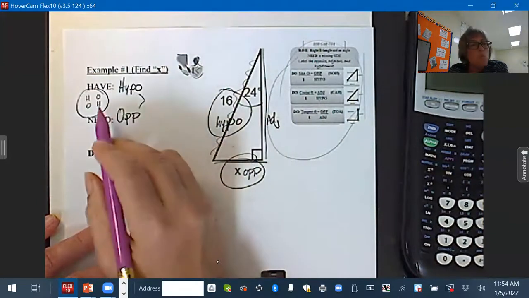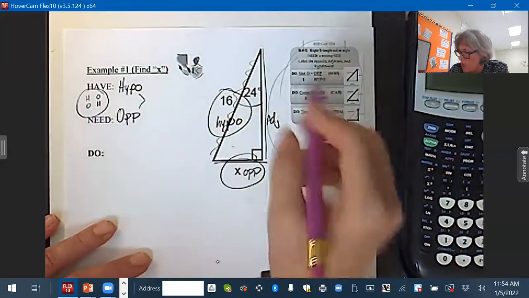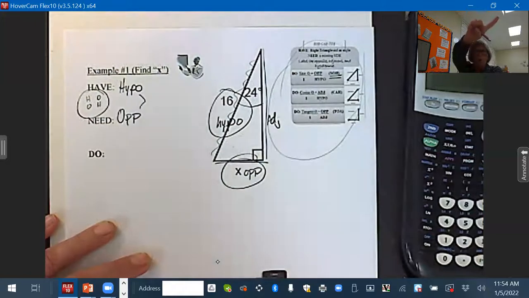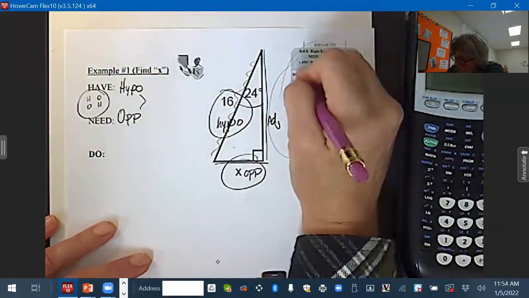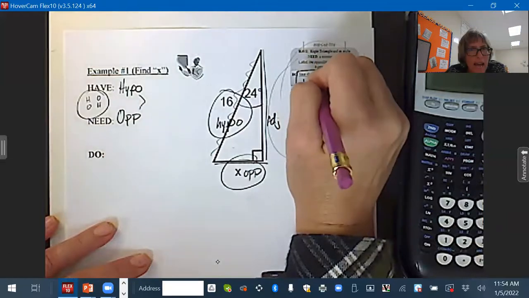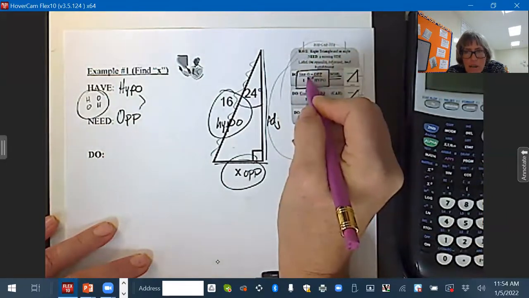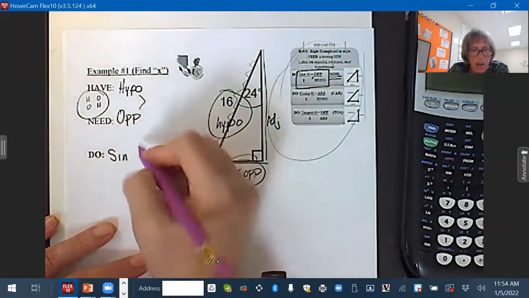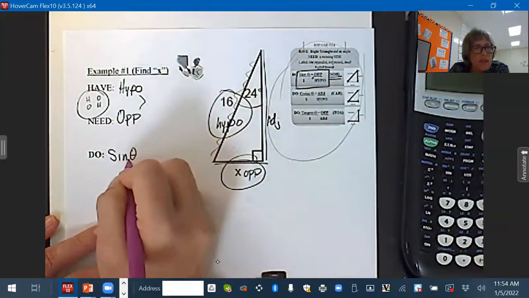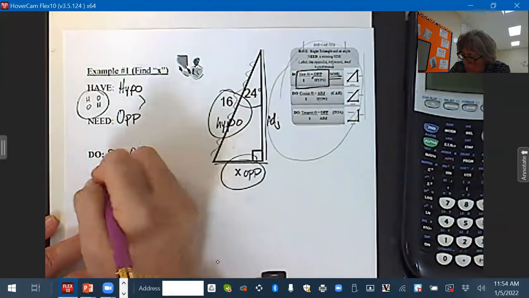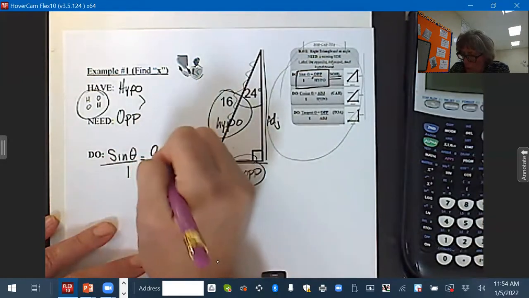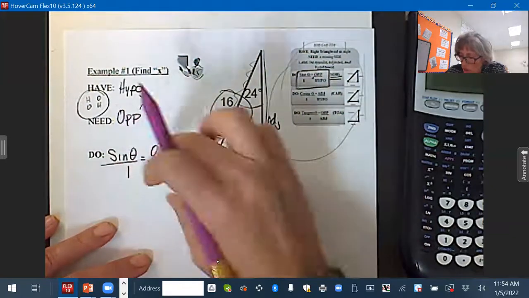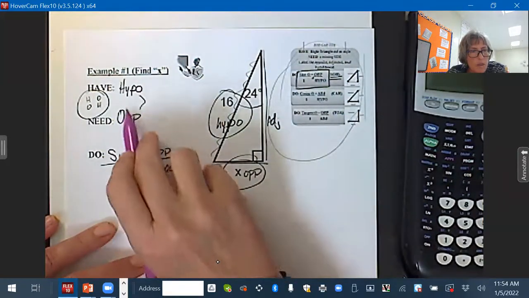Whatever combo that is, we go right here to this chart, and you write exactly this down. The sine of our angle theta, over 1 equals the opposite side over the hypo. This never changes. You don't flip this, regardless of what's up here.